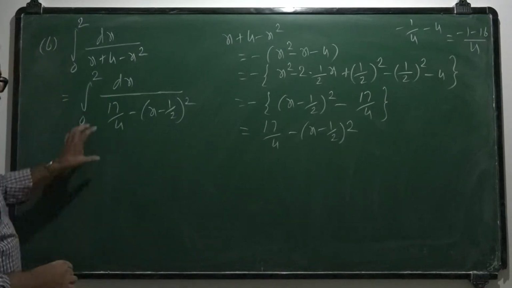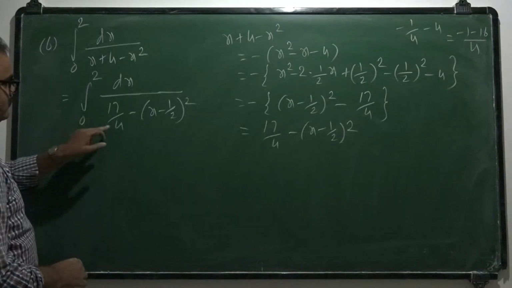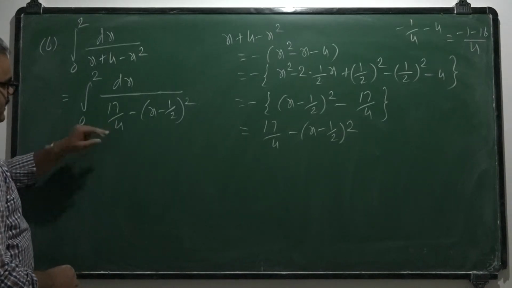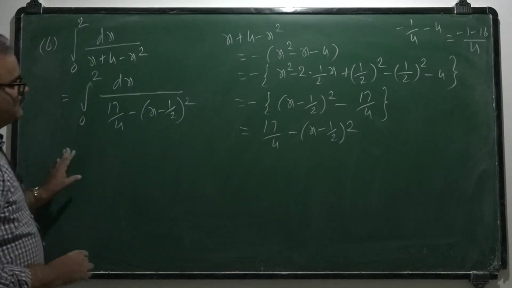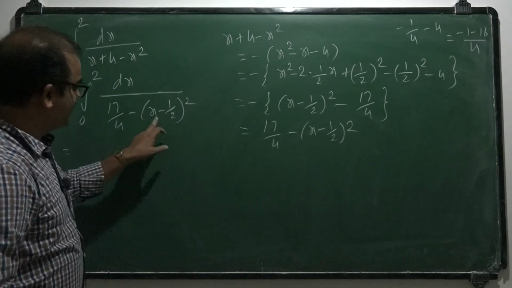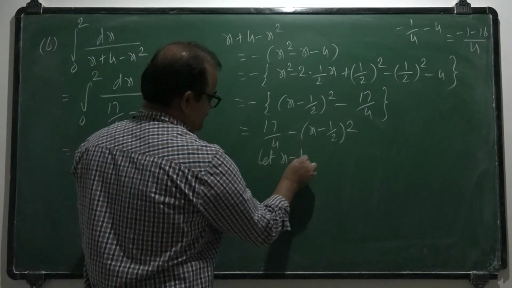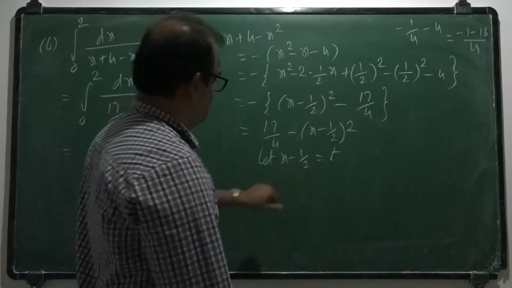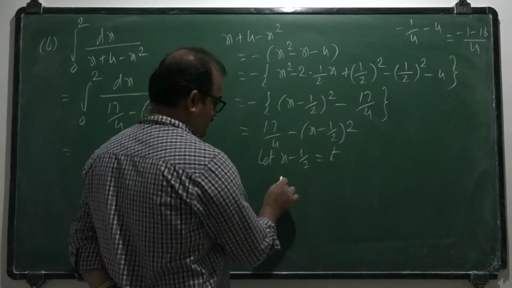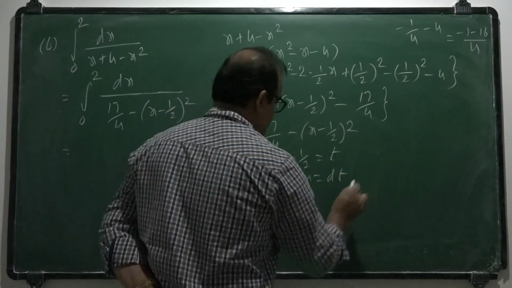Now see, you write 17 by 4 as root 17 by 2 whole square, and then you take x minus 1 by 2 is equal to t. Let x minus 1 by 2 is equal to t. What is the derivative of this? dx is equal to dt.